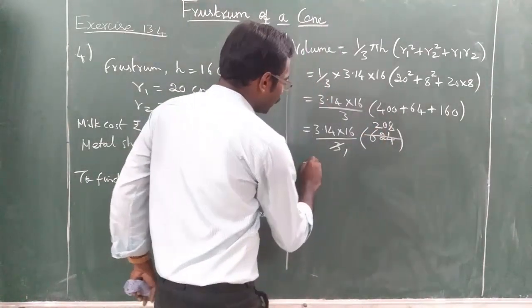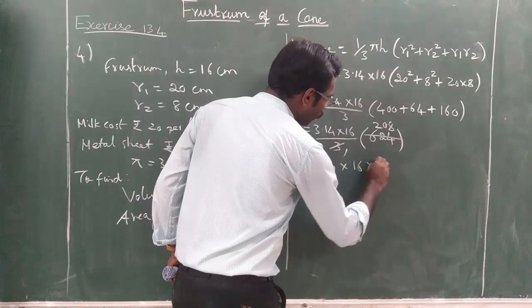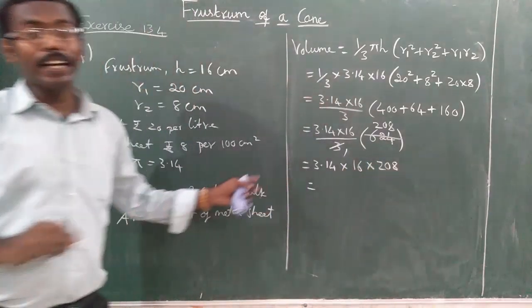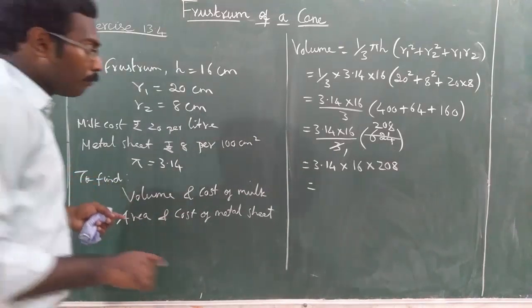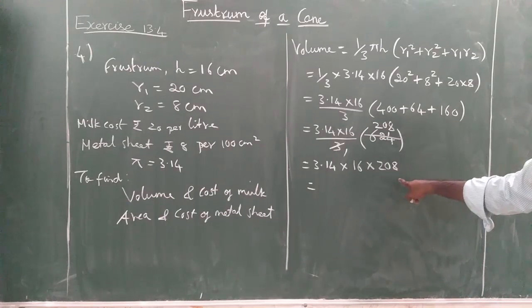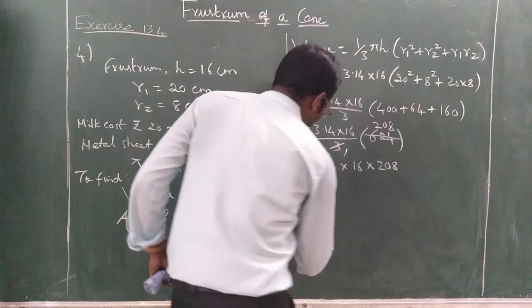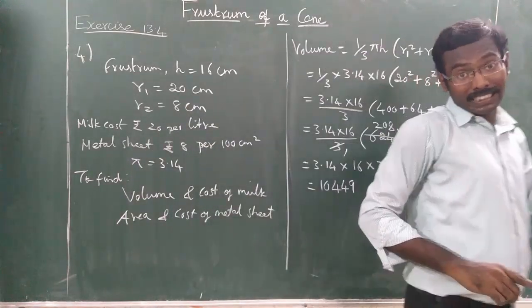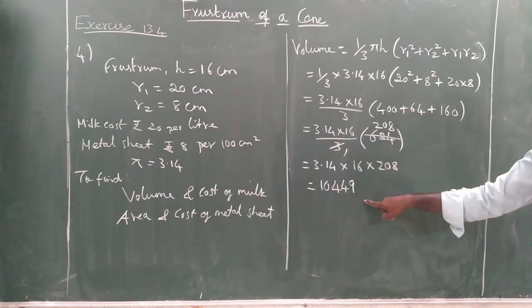Okay, so the answer is 3.14 into 16 into 208. So we need to multiply this, 3.14 into 16 into 208. If you multiply this, the answer will come like this: 10,449. Because I am considering the time, I am not multiplying it, but if you multiply this, you will get the answer.